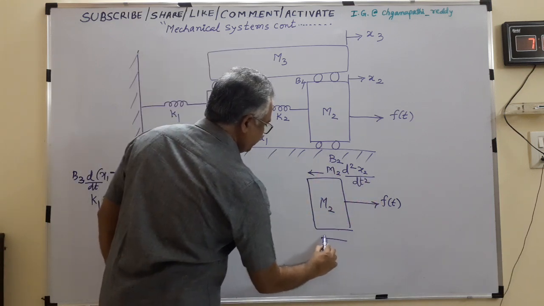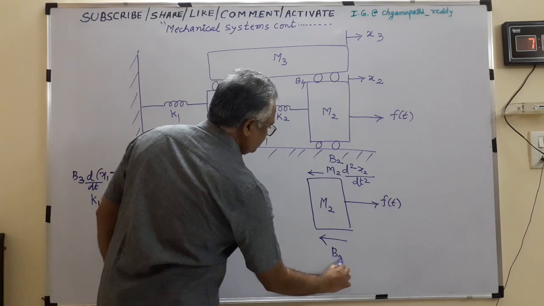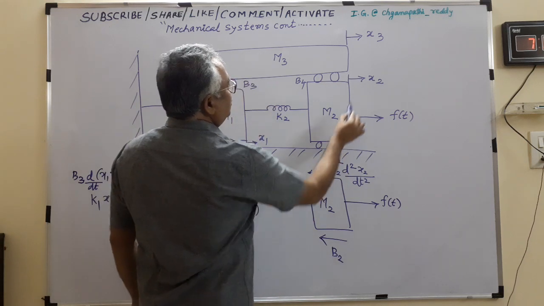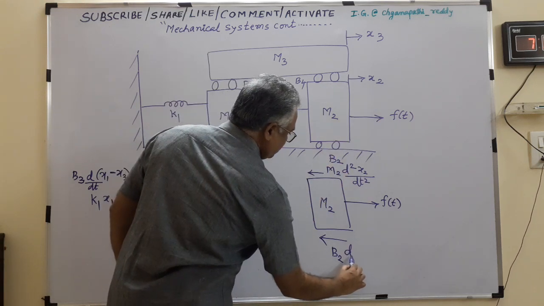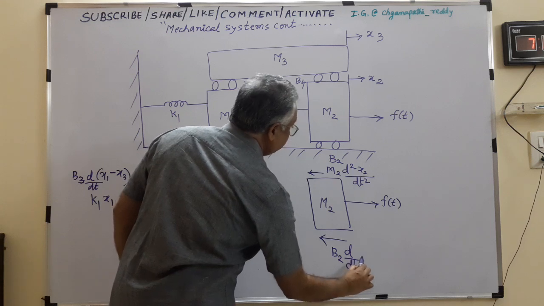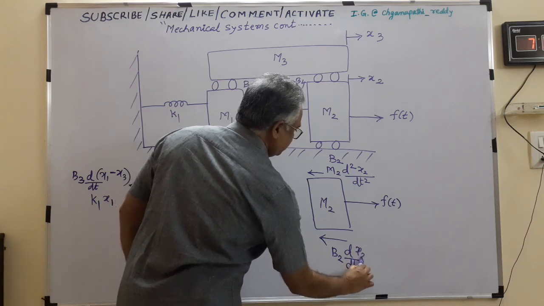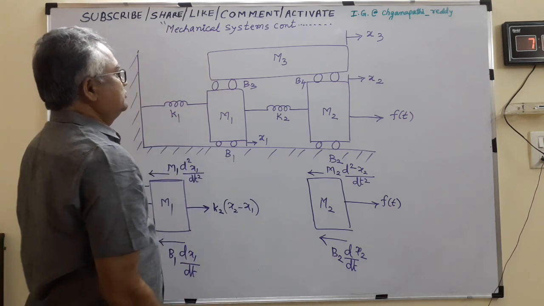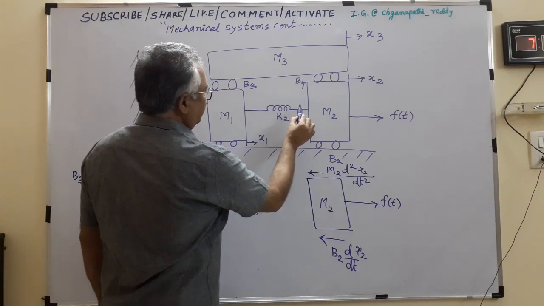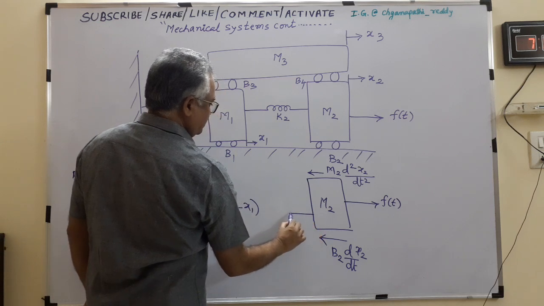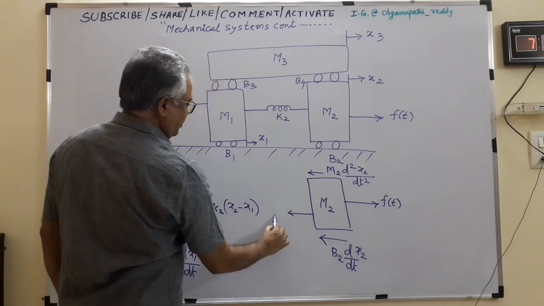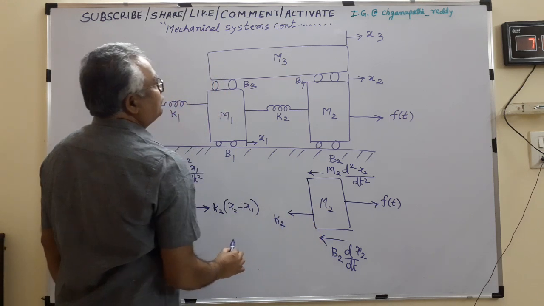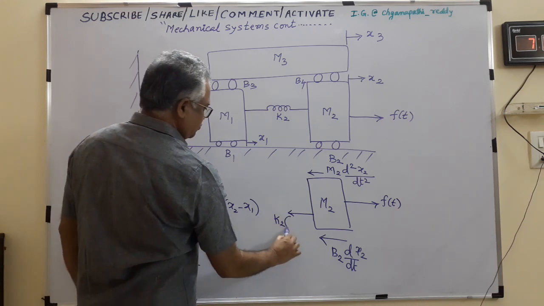And this friction is B2 d by dt of x2. Okay. Then here K2 x2 minus x1.